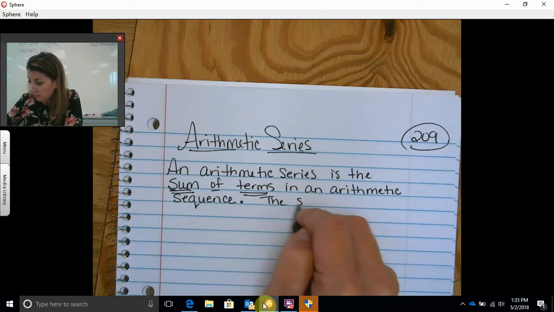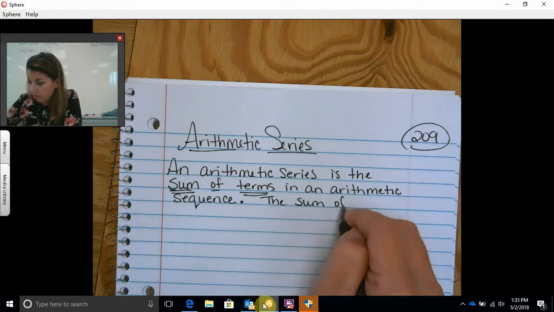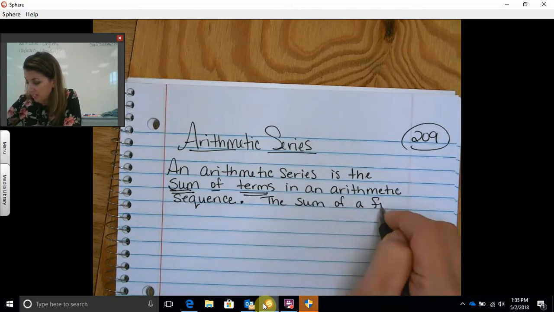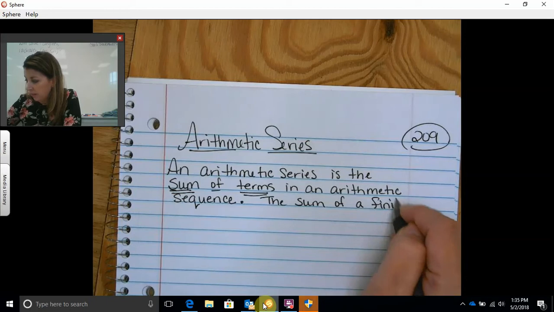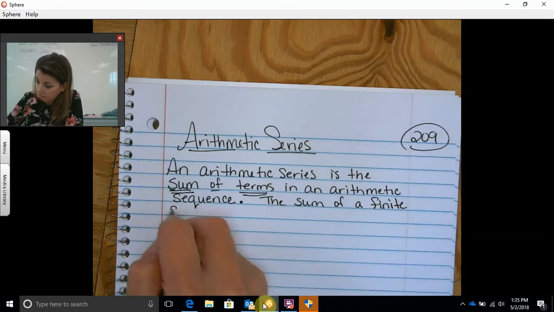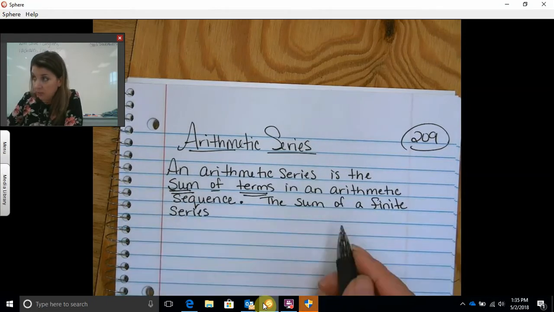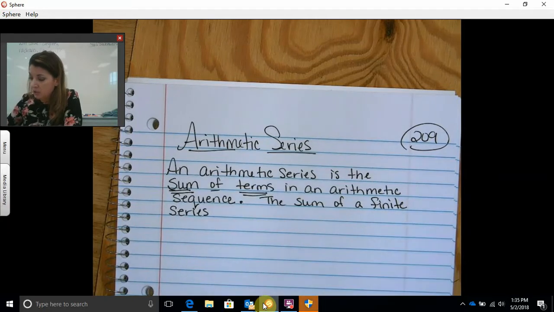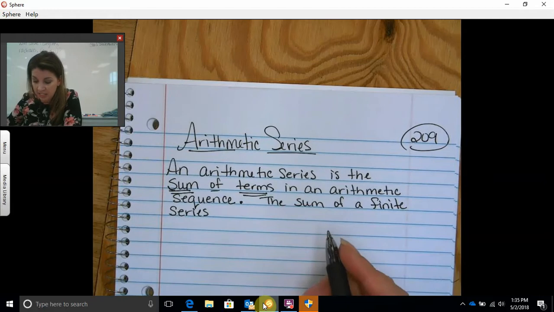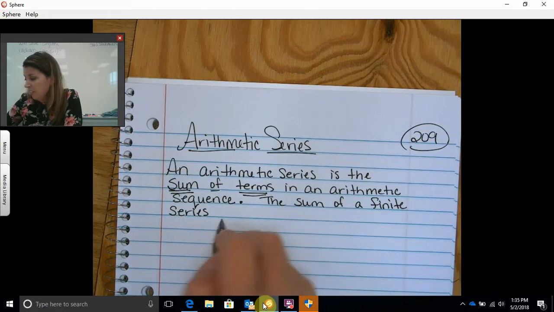The sum of a finite series, do y'all remember what finite means? Y'all know what infinite means, right? Finite is the opposite of infinite. Infinite goes on and on and on and on. Finite ends. So the sum of a finite series can be found with the following formula.